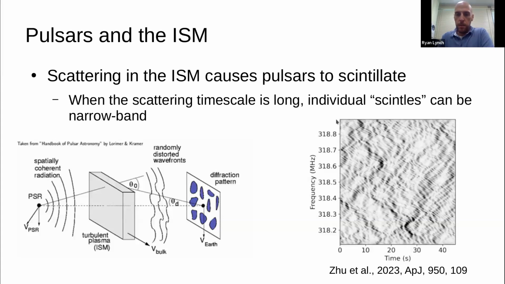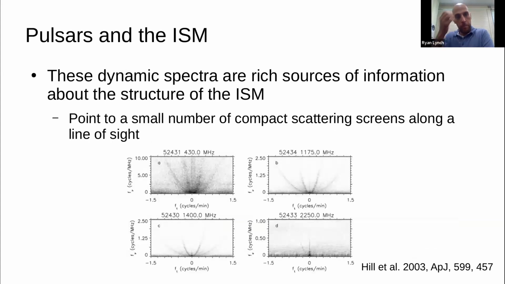You can see that the frequency scale here is quite narrow, and so some of these features are very narrow band. This is not necessarily the case for all pulsars, but certainly some pulsars can have this type of very narrow band scintillation structure. And so being able to resolve that while also resolving pulse phase is beneficial.